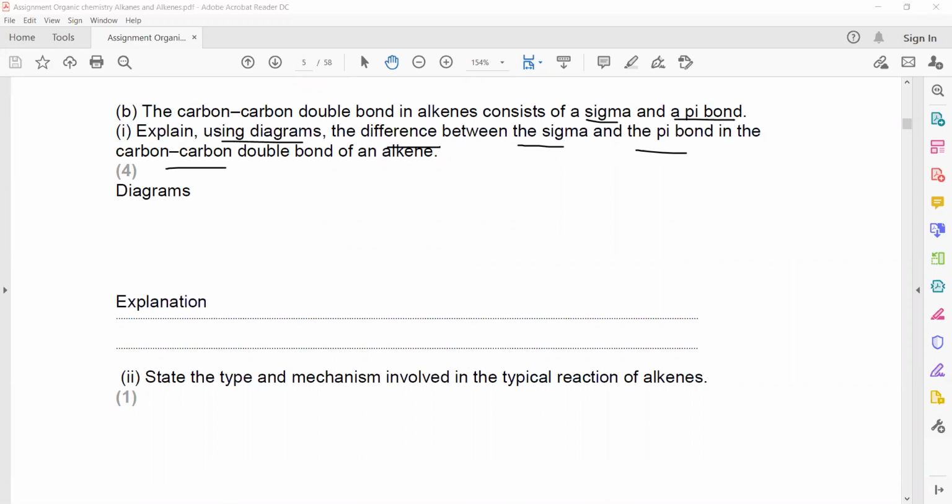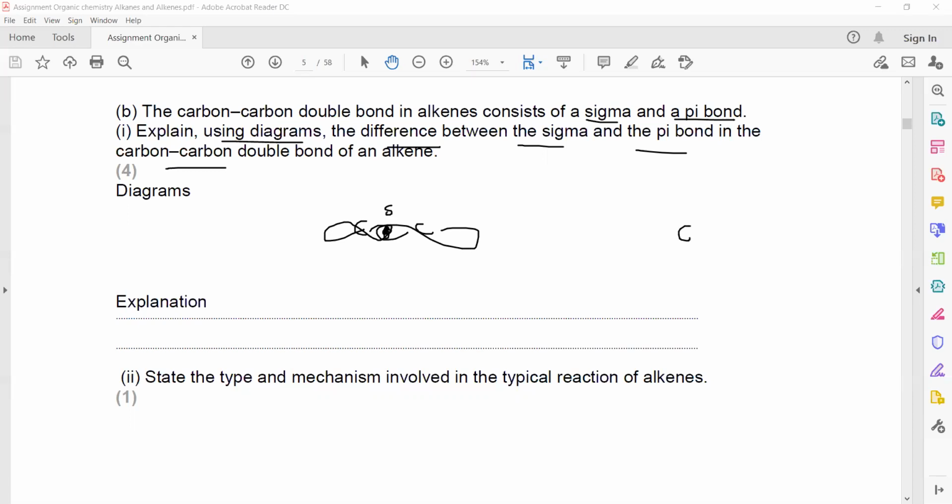So how do we represent, how do we show this sigma bond and the pi bond? Basically, a sigma bond is formed by complete overlapping. So if we have 2 carbon atoms, like this is one, this is another, that's a complete overlapping. That will be a sigma bond.